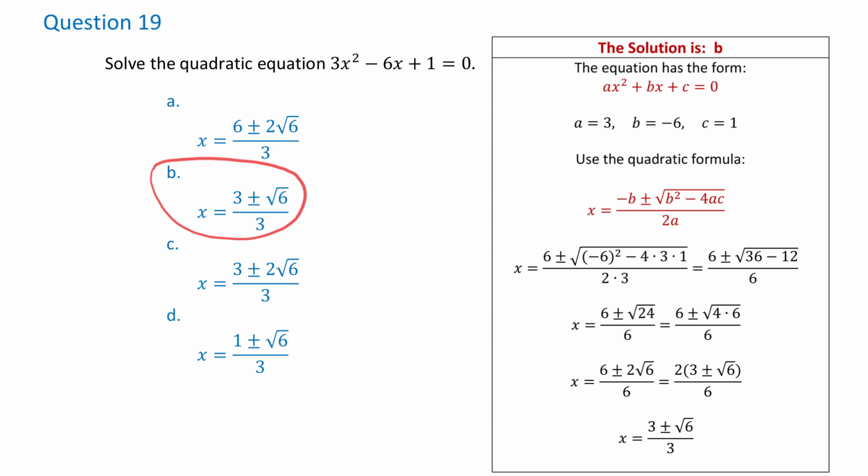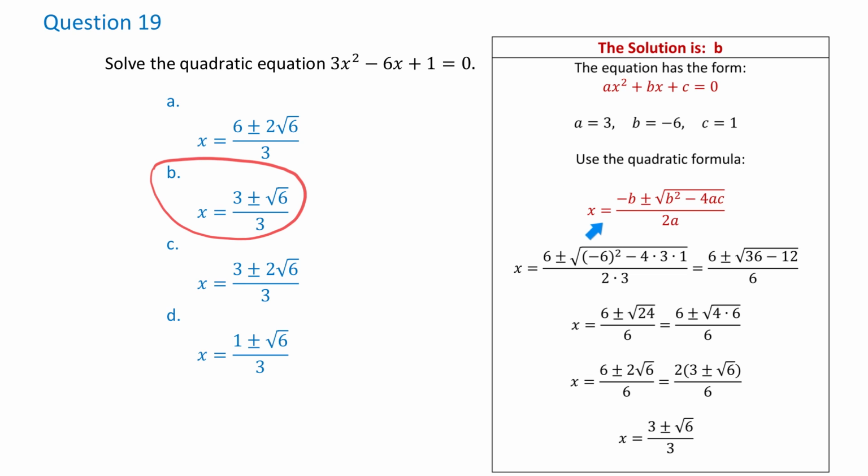This equation has the form ax squared plus bx plus c equals 0. In this equation, a equals 3, b equals negative 6, and c equals 1. Because factoring doesn't work on this one, another alternative is to use the quadratic formula.